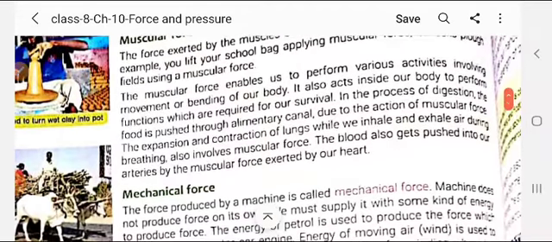The muscular force enables us to perform various activities involving movement or bending of our body. मस्कुलर फोर्स की हेल्प से बहुत से काम होते हैं, वेरियस एक्टिविटीज़ इन्वॉल्विंग मूवमेंट, जो बगैर मस्कुलर फोर्स से हो नहीं पाते हैं। और मस्कुलर फोर्स तभी एप्लीकेबल है, तभी वर्क करेगा, उसका इफेक्ट तभी दिखेगा जब the body on which the force is to be applied comes in contact with the body which is applying the force. It also acts inside our body to perform movement or bending.